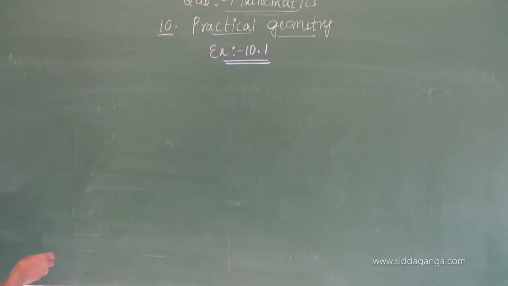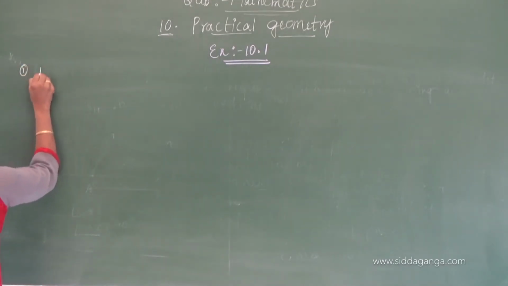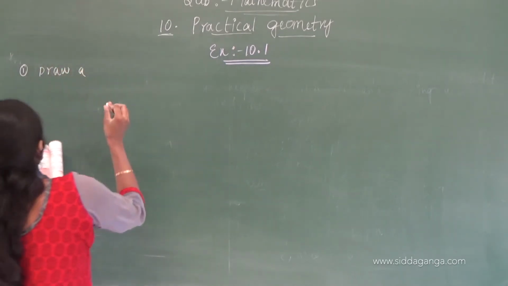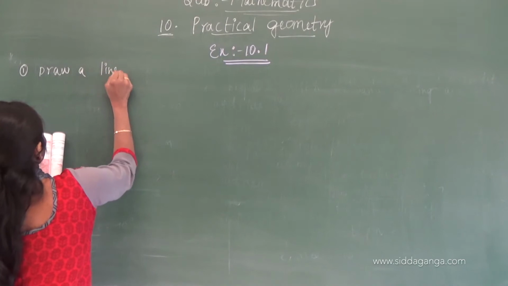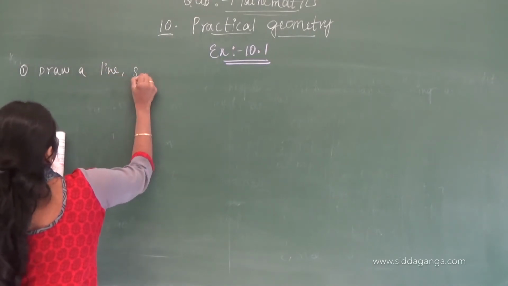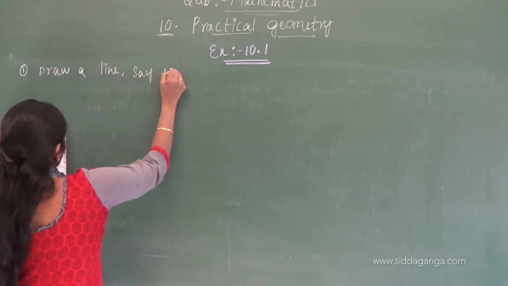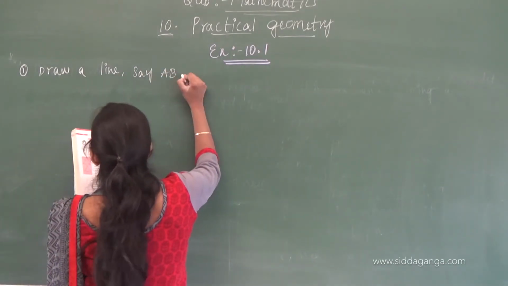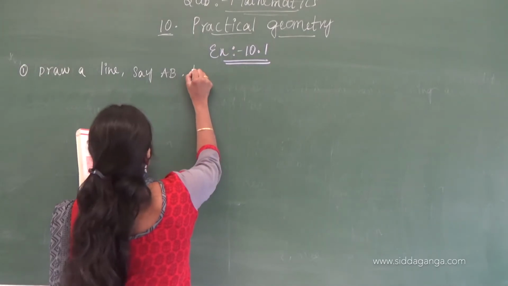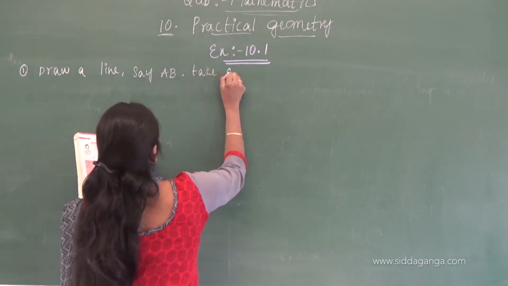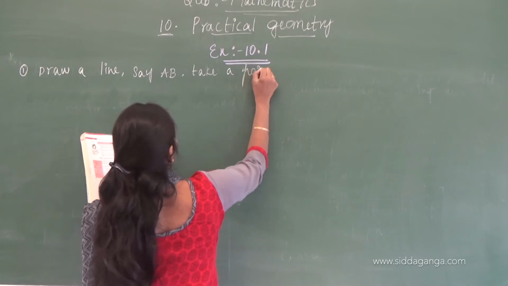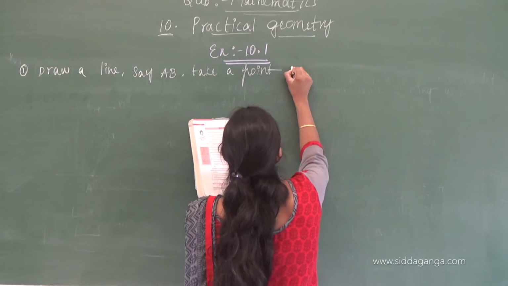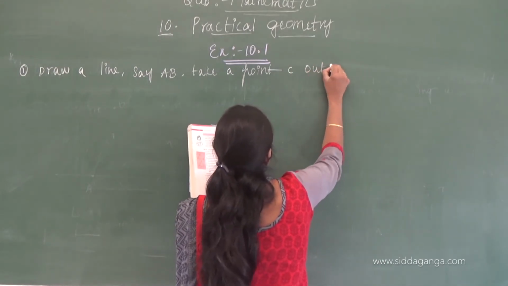What is the first question? Draw a line, say AB. That means we have to draw a line AB. Take a point C outside it.